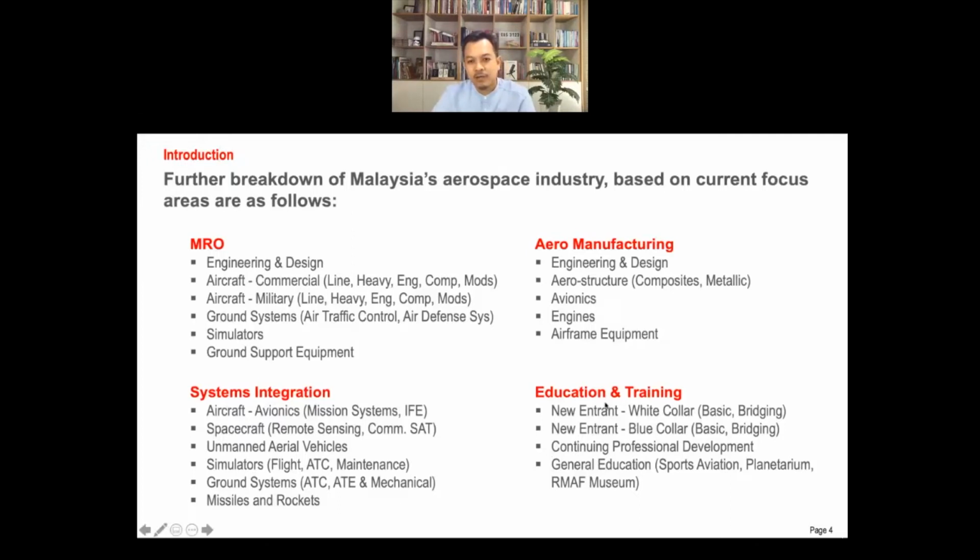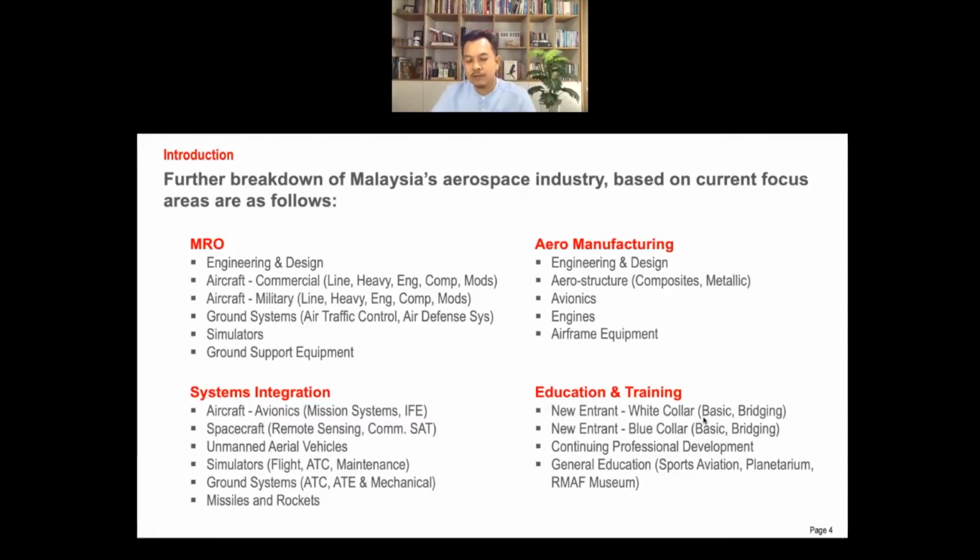At the same time, we have a subsector related to education and training that provides new entrants. We look into how many institutions provide a Bachelor of Engineering in aerospace. We call it white collar, that provides basic training, basic education, as well as bridging.